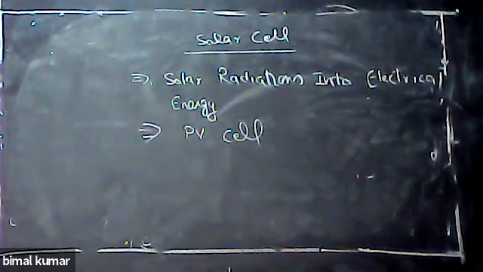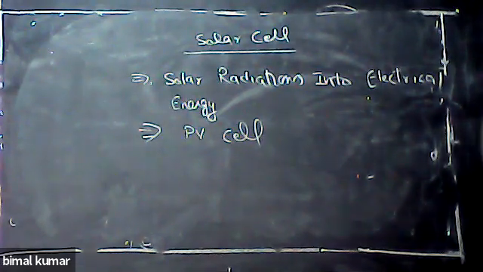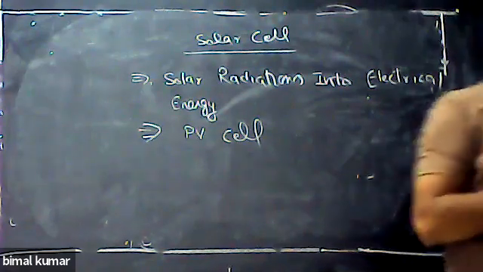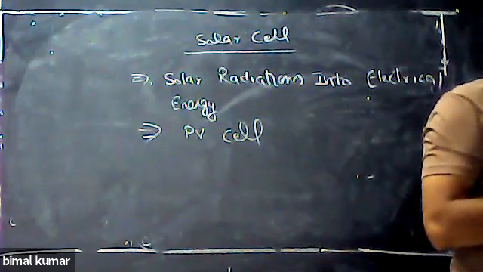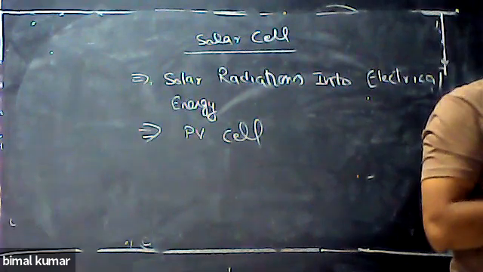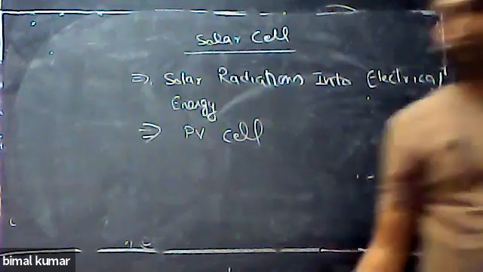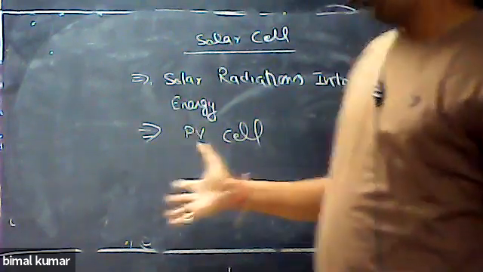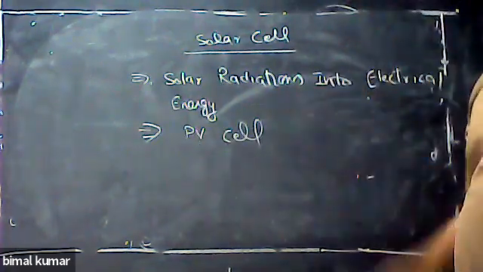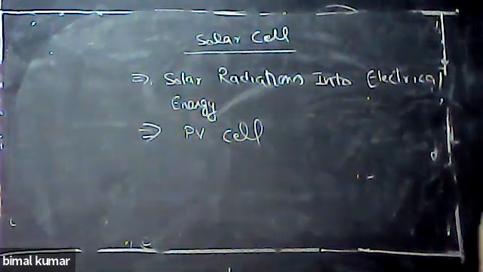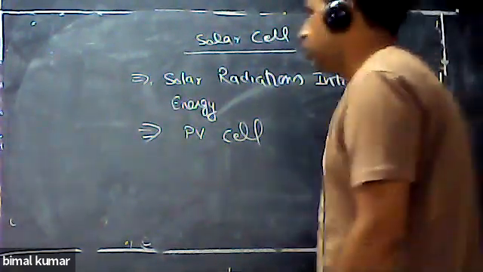And if we want this solar cell to be utilized for our home appliances, then this may first be converted into AC with the help of an inverter, right?